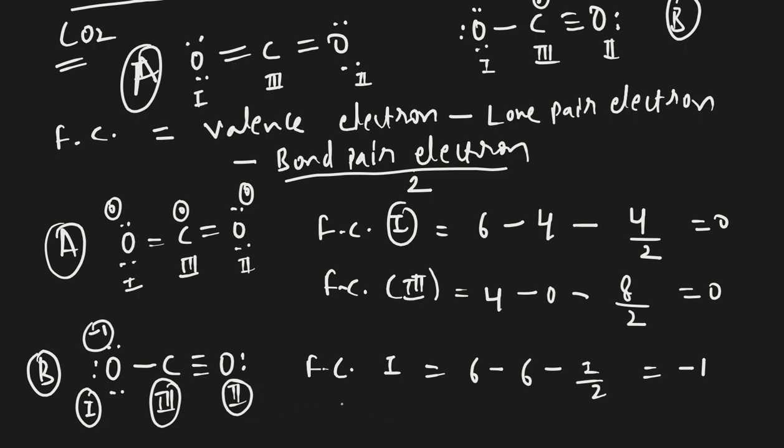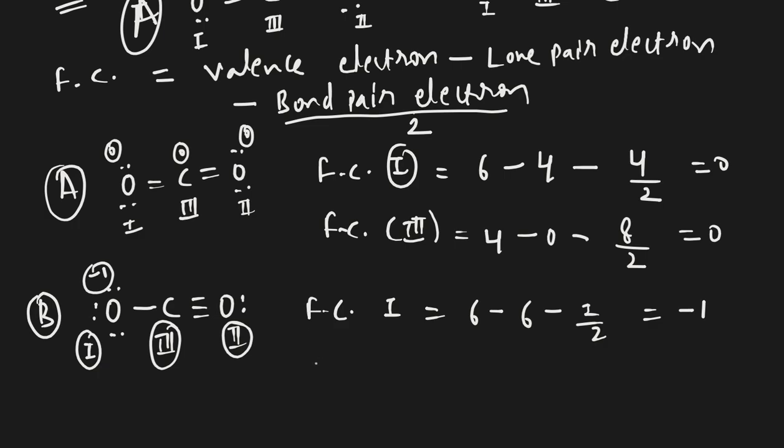Okay, what about the second oxygen? The formal charge on the second. For this we have 6 valence electrons. The lone pair electrons are 2, minus the bond pair electrons are 1 2 3, 3 2s are 6, divided by 2, right? So this is plus 1.